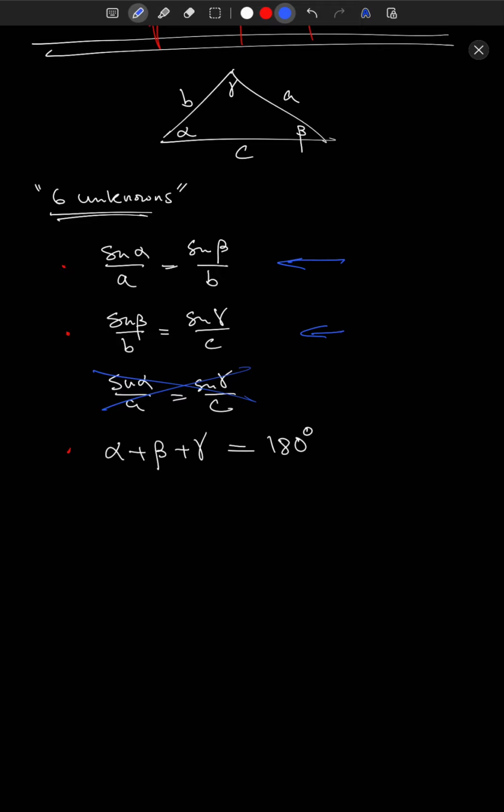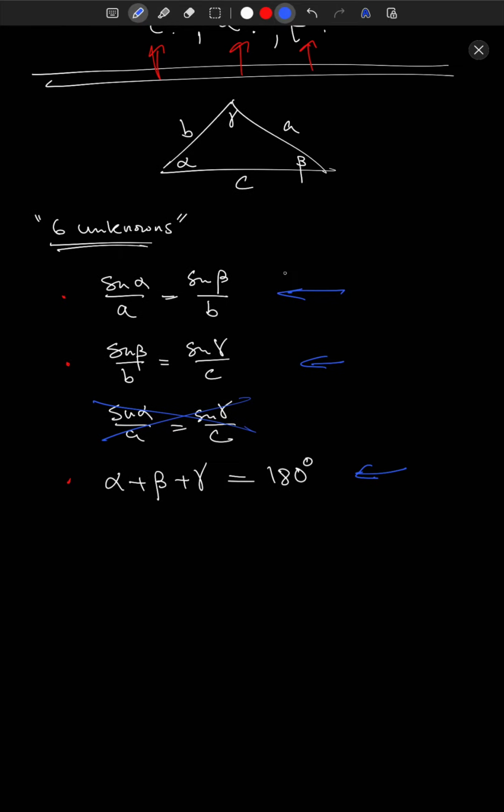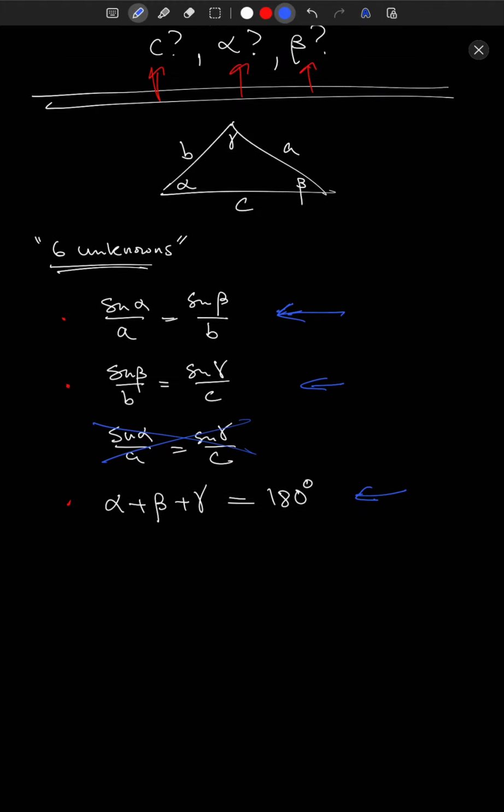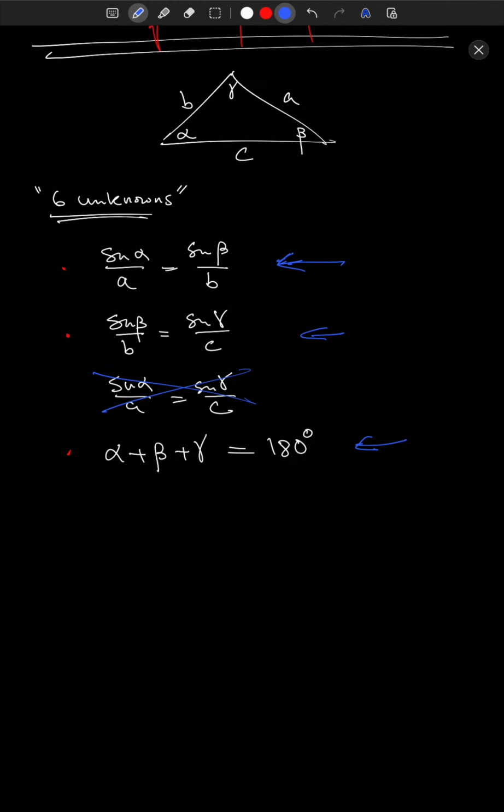These two here and this one here are always true. What does that mean? Well, that means that if we want a problem that has a finite number of solutions, we have 6 unknowns and 3 equations. So we need 3 more, either 3 more equations or just 3 more pieces of information about our unknowns.